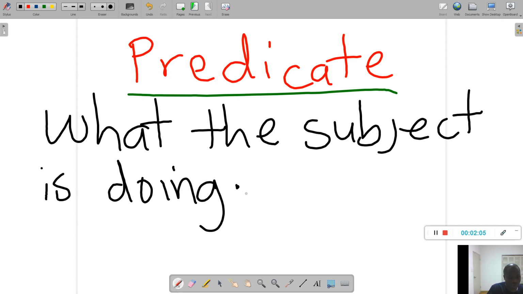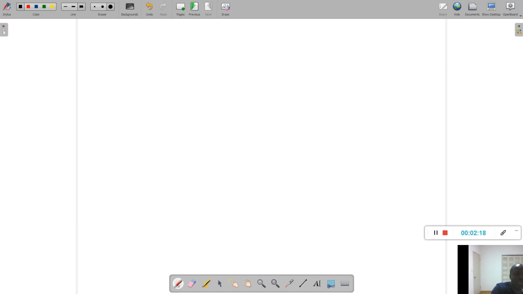We're going to look at another piece of information about the predicate. Another thing is that the predicate informs what the subject is.